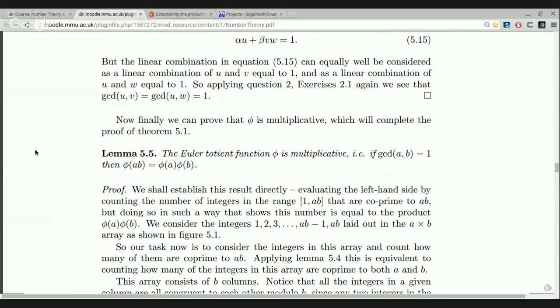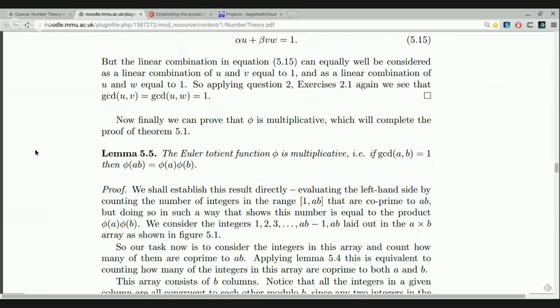So we're going to consider all the numbers between 1 and A times B. Sorry, I misspoke.